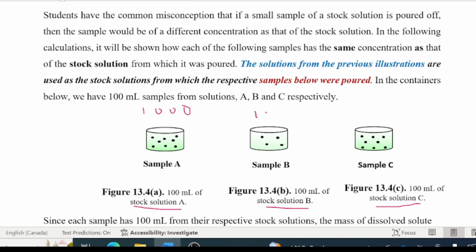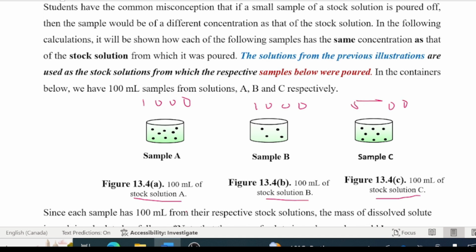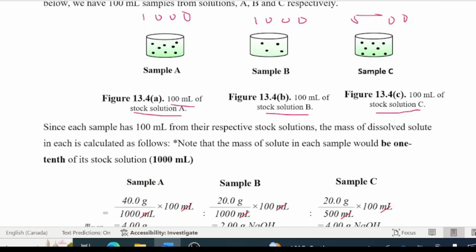We have 1,000 milliliters here. But here we have 500 milliliters, okay? Because you're only taking 100 milliliters, it means the amount of solute you're taking will be 10 times less. Except in solution C, where it will be 5 times less, since the volume of the solution is 500 milliliters.